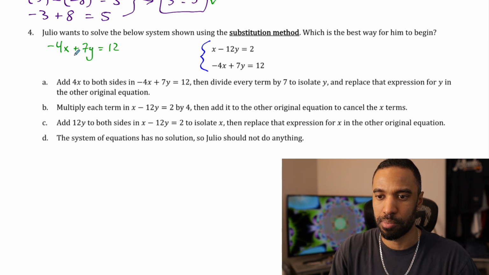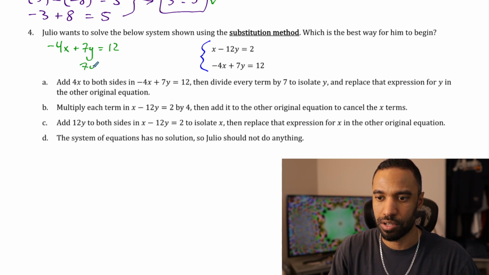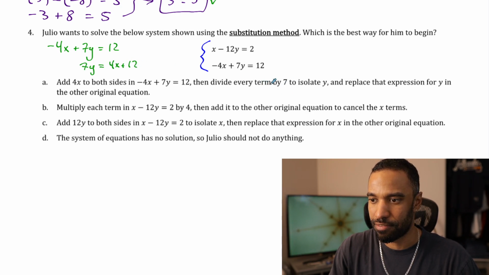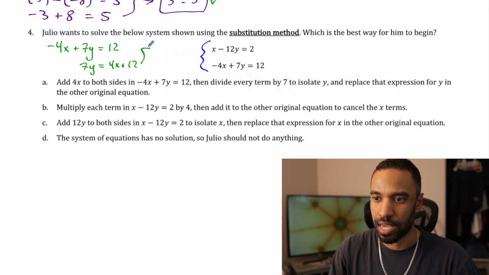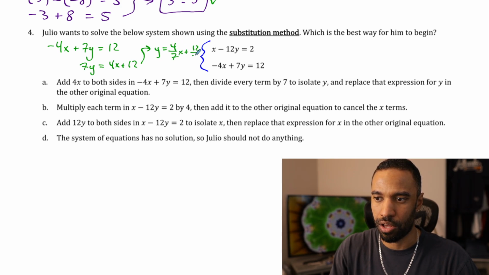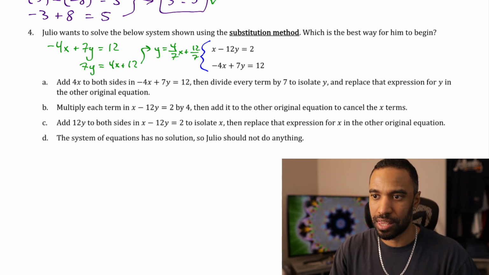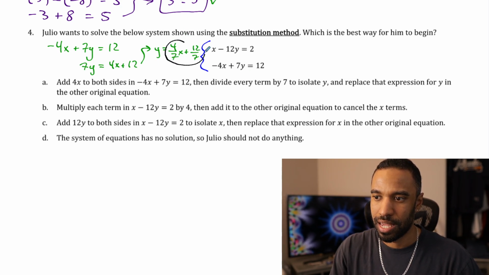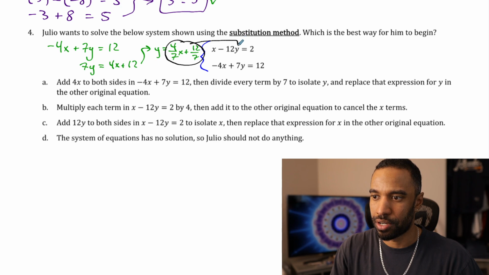Let's add 4x to both sides, and we get 7y equals 4x plus 12. And then we divide every term by 7, and we get y equals 4/7 x plus 12/7. And replace this in for y in the other equation.